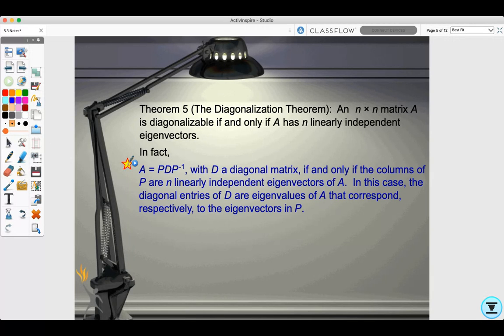In fact, A equals P D P inverse with D a diagonal matrix if and only if the columns of P are n linearly independent eigenvectors of A. In this case, the diagonal entries of D are eigenvalues of A that correspond respectively to the eigenvectors in P.